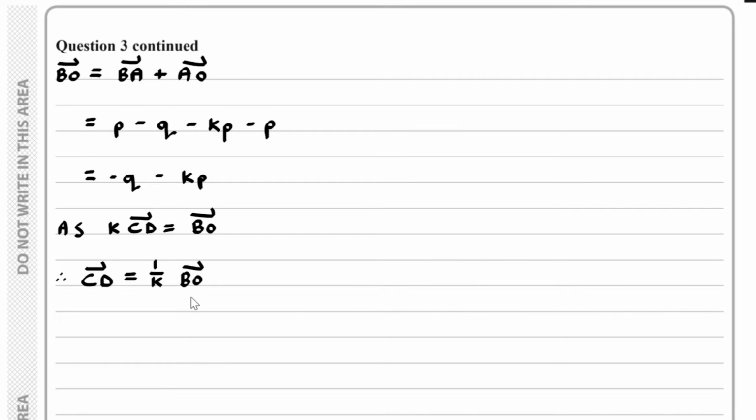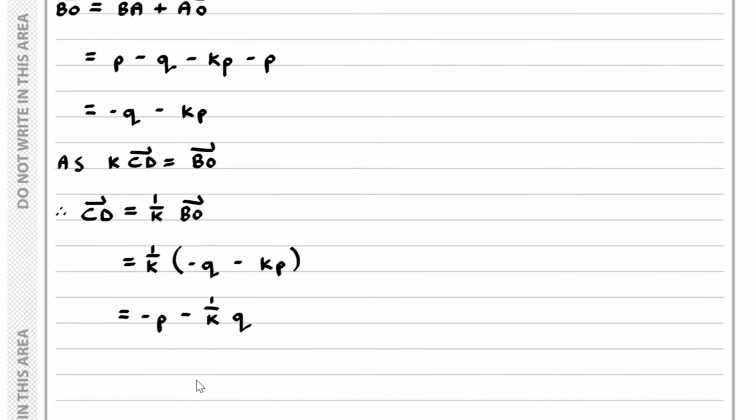Now, we already know what BO is. So we've got 1 over K lots of minus Q minus KP. And if I multiply this out, we've got 1 over K times minus KP, which is just minus P. And then we've got 1 over K Q. And that's exactly what we wanted to show.